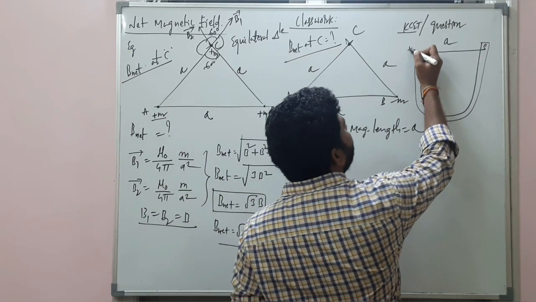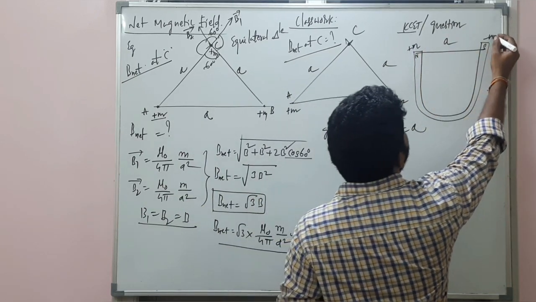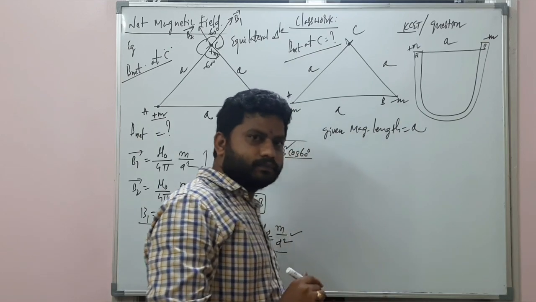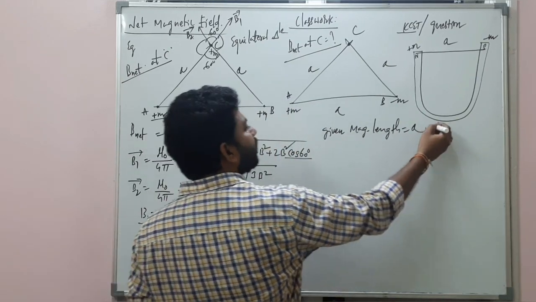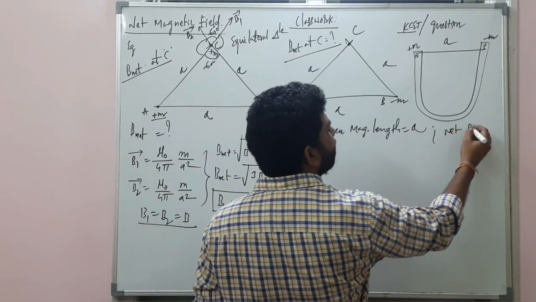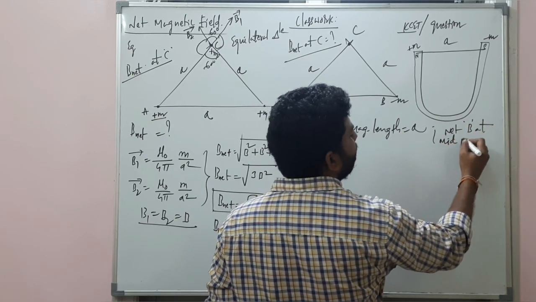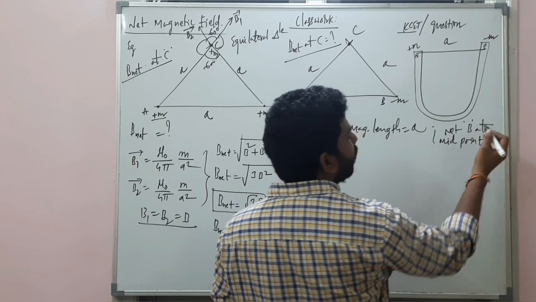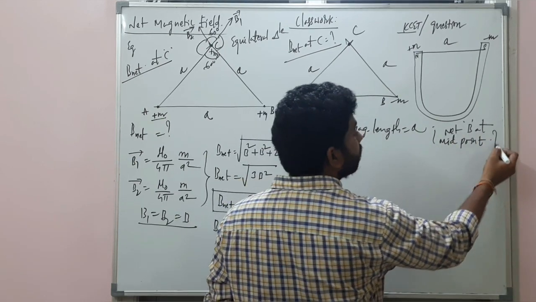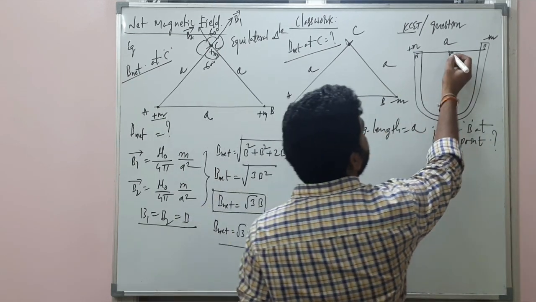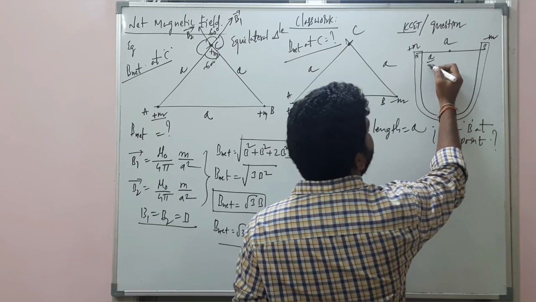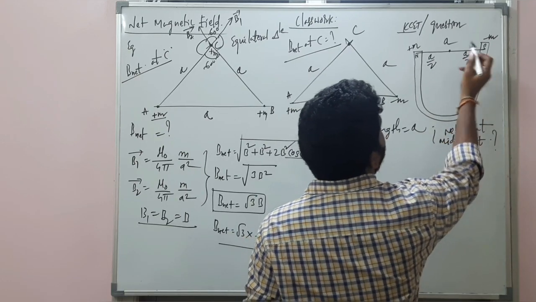This is plus M and this is minus M. What is the net magnetic field at the midpoint on the magnetic length? The midpoint will be here. It's A by 2 and this is also A by 2.